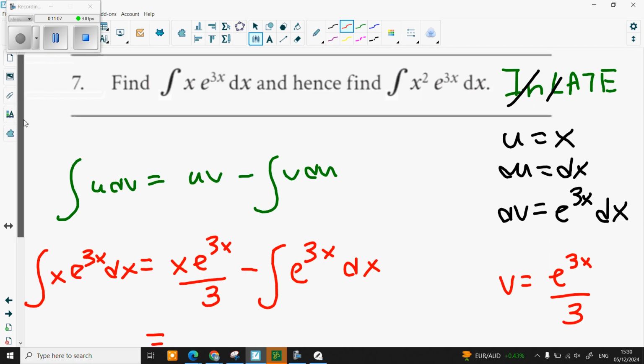Now there's going to be a plus c here, isn't there? Because there's no limits. Pause here. The v has a 3 on the bottom. That's it there. Okay.